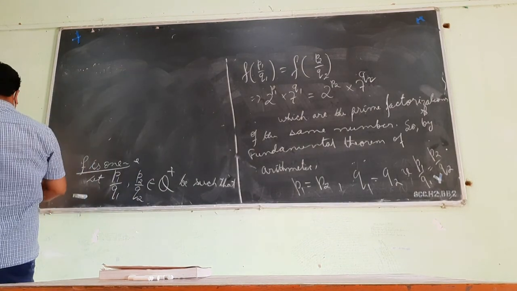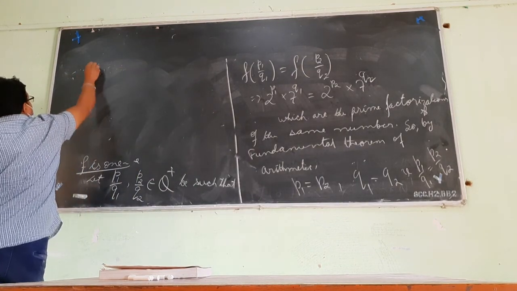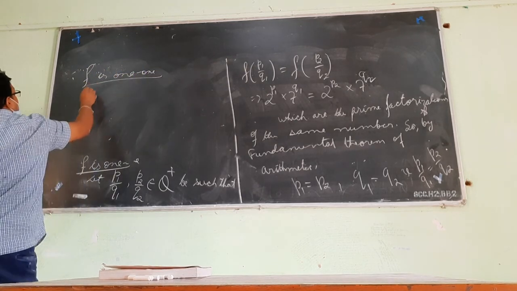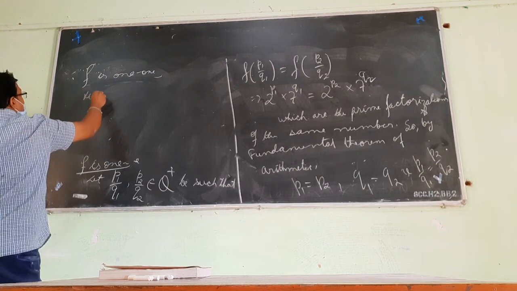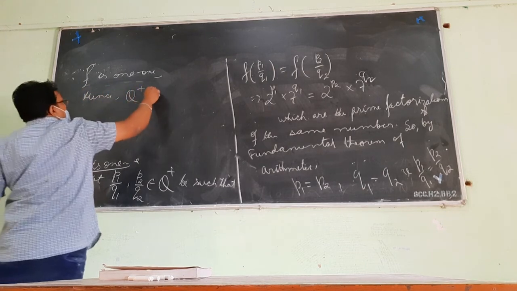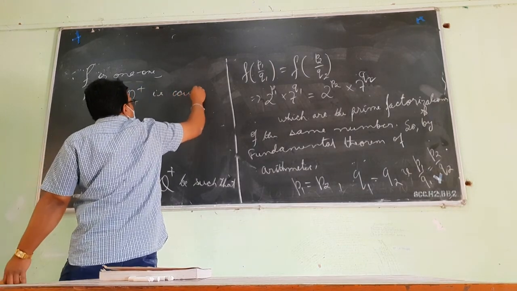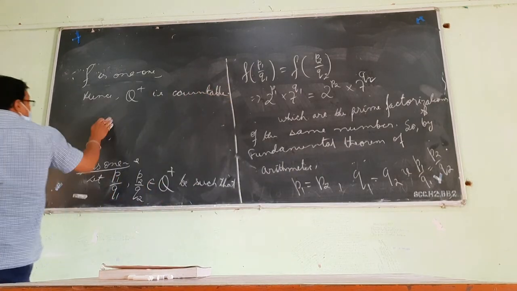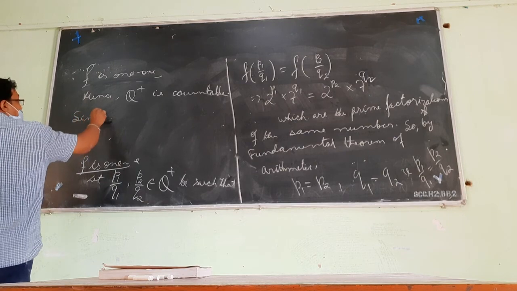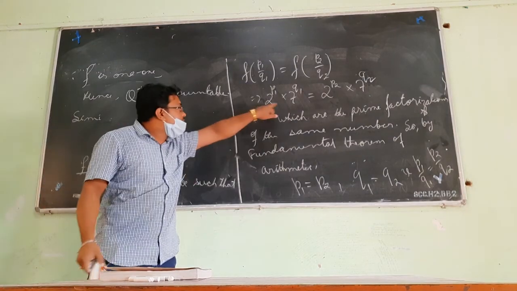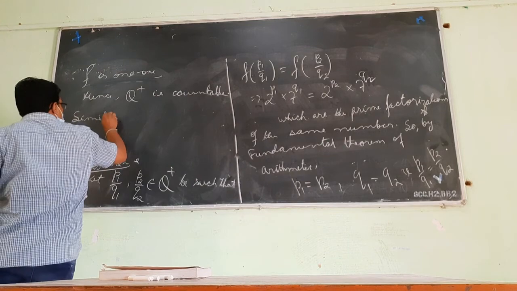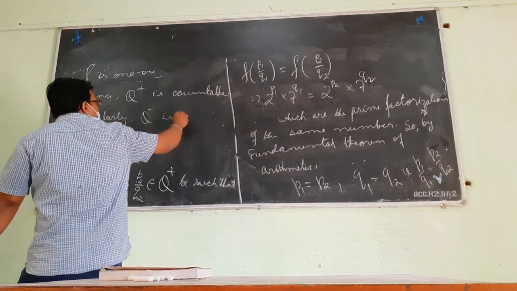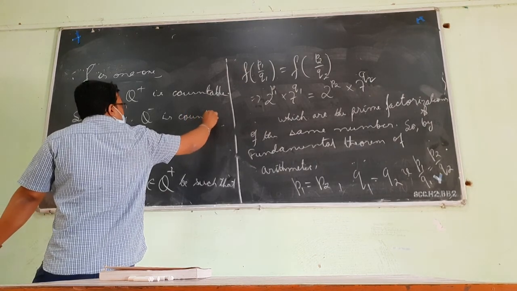Therefore f is 1-1, hence Q plus is countable. We have shown that the positive rational number system is countable. Similarly, we can show Q minus is countable, we just need to include a minus.